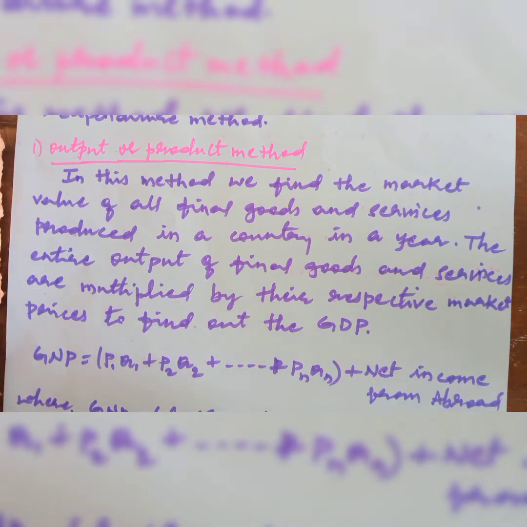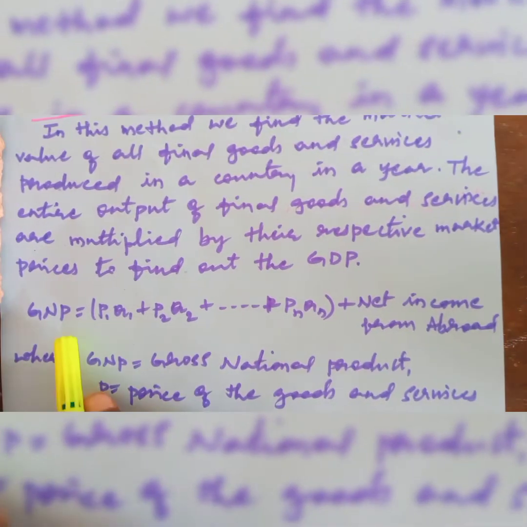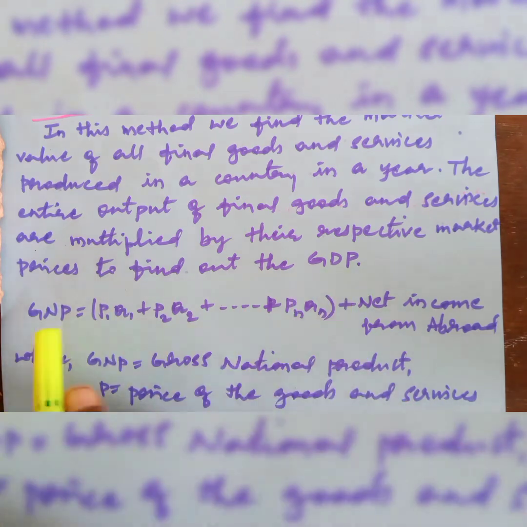So how will you calculate all goods and services in a country? By applying the formula. So by applying the formula, you will find out the GNP. GDP is the part of GNP.